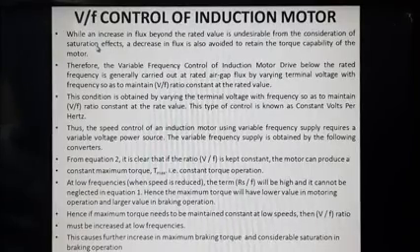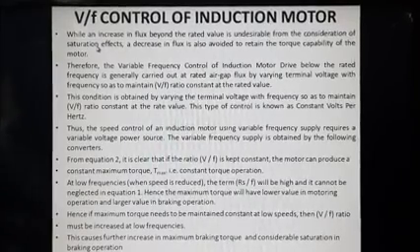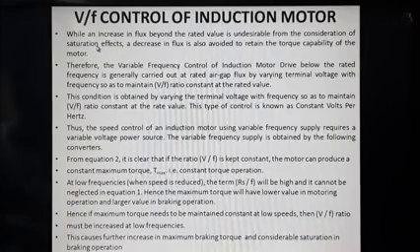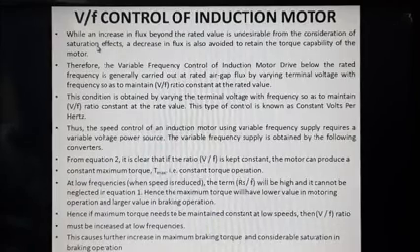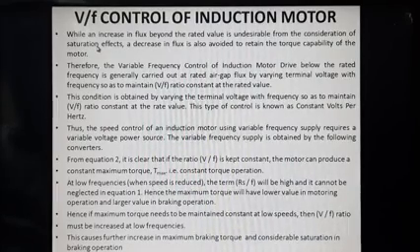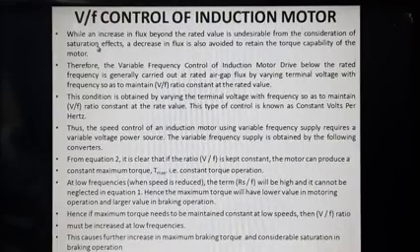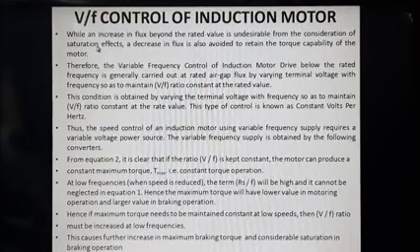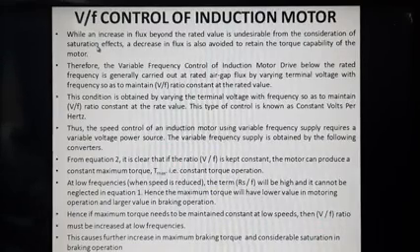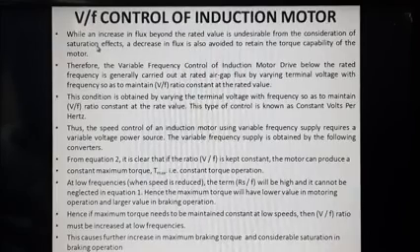The next thing which must come into your picture is, in order to achieve this constant V by F control, whenever you are varying the frequency, simultaneously you have to change the voltage also. Varying the frequency means reducing the value of frequency below the rated frequency. You have to change the voltage also. So in order to achieve the change in voltage and frequency simultaneously, we will be using inverters.